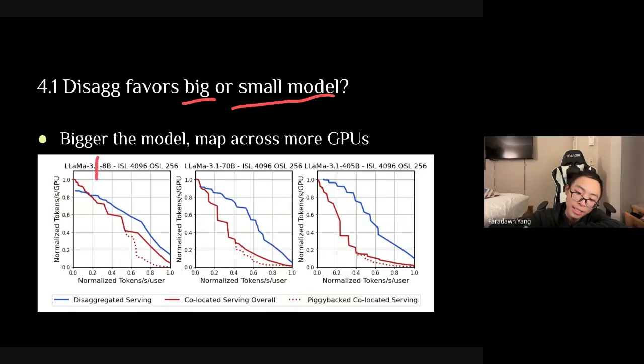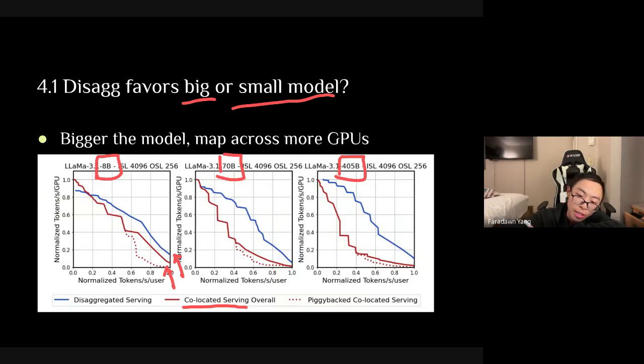On the left, this is the 8 billion. Middle is 70 billion. On the right is 400 billion. The blue line is the PD disaggregated serving, whereas the solid red line is co-locating, which means non-separation using one GPU.